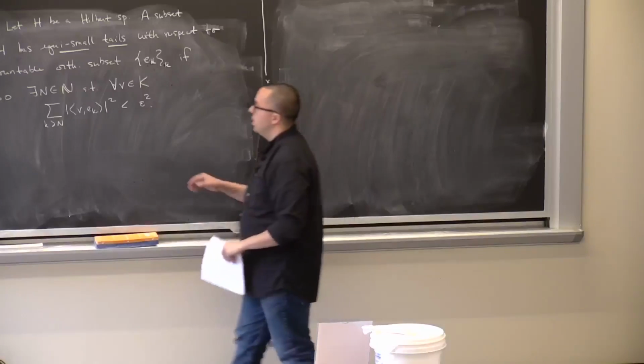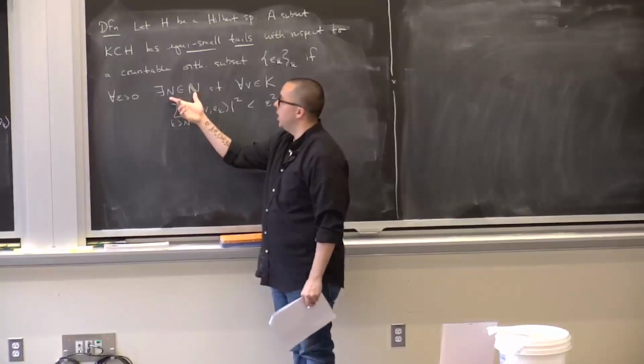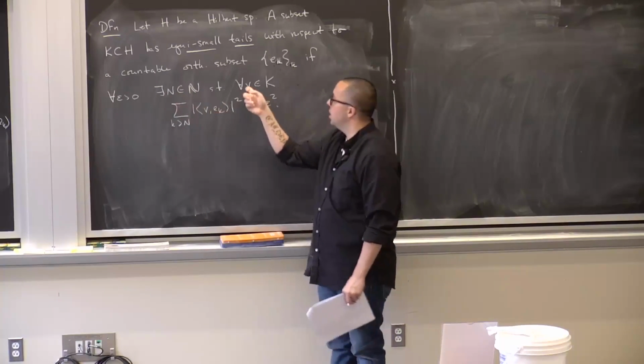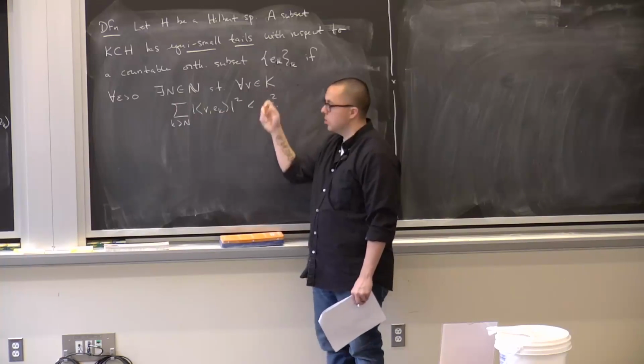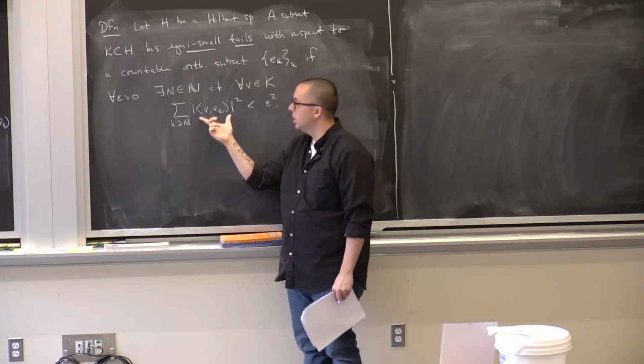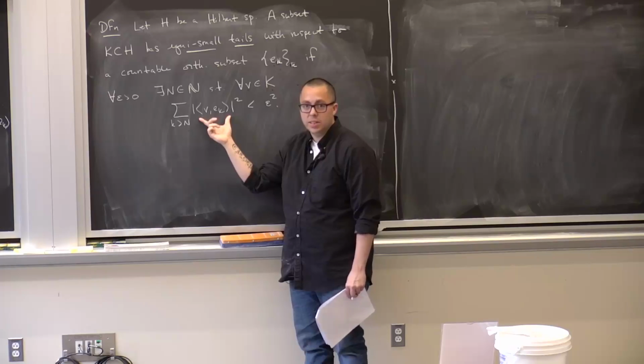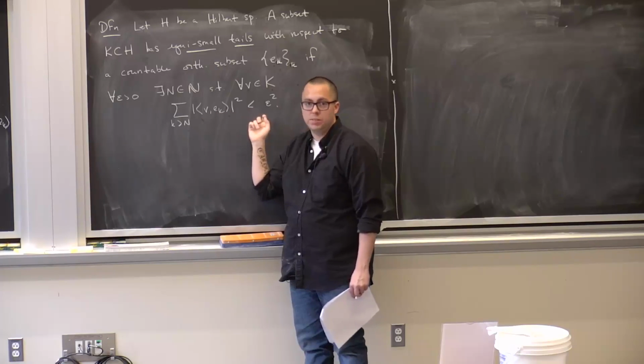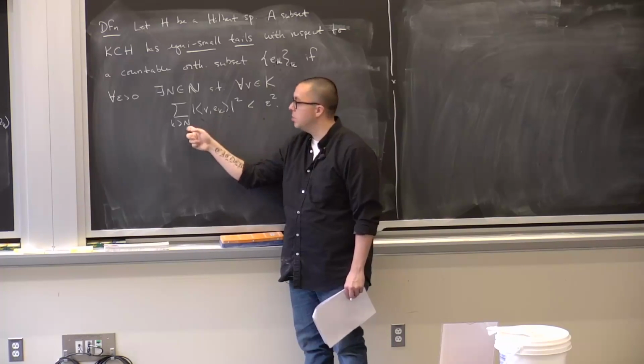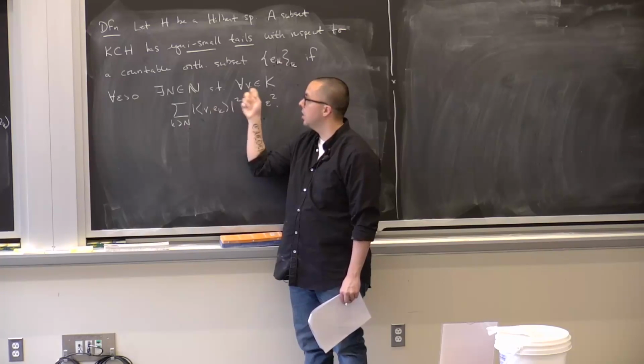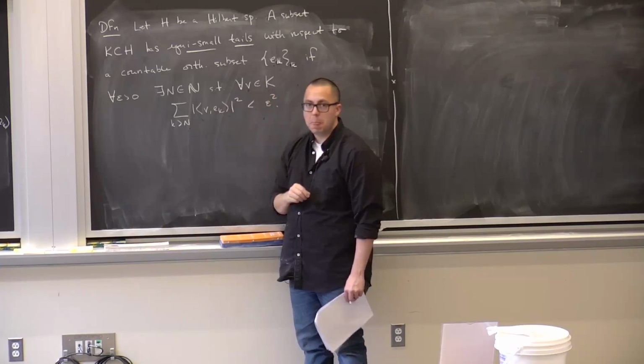So somehow, given epsilon, I can always choose an n which is independent of the element in K, so that the tail end of, if you like, the Fourier series is small. And this n can be chosen independent of the element in K, all right?